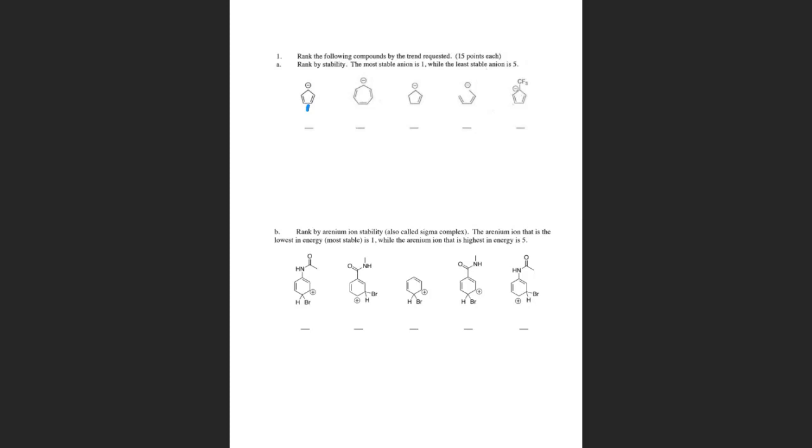Okay, so what would be the most stable anion here? A, yeah, because it's aromatic. Okay, I agree. What's the worst one? Or not the worst one, but the least stable. B, okay.